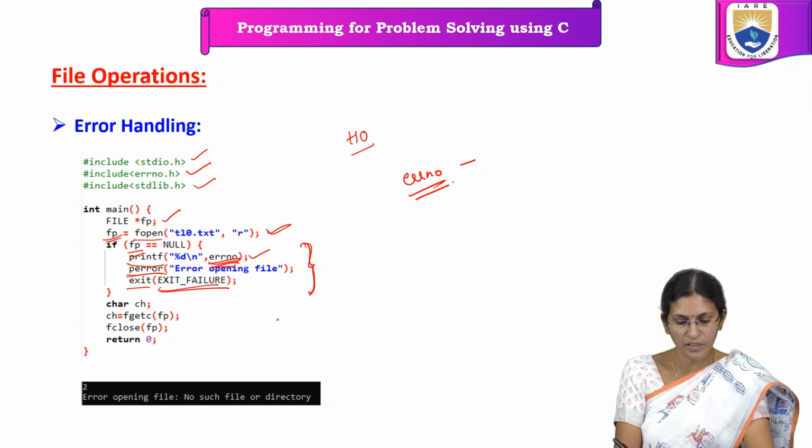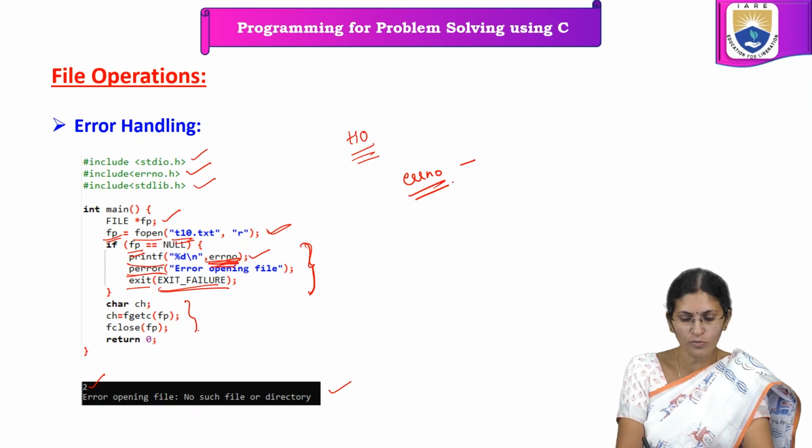When we run this program, if the file does not exist, then this is the output of this program. Otherwise, if the file exists, then it will execute these statements. We can see here, if t1.o does not exist, then the output of this line is 2.